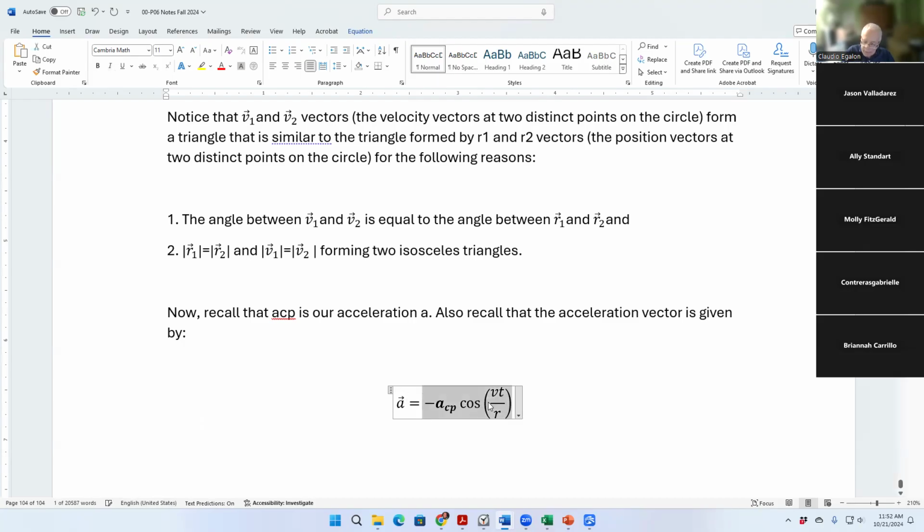The very definition of the acceleration vector is delta V over delta T. In our specific case, my delta V is going to be V2 minus V1, so V2 minus V1 over delta T.